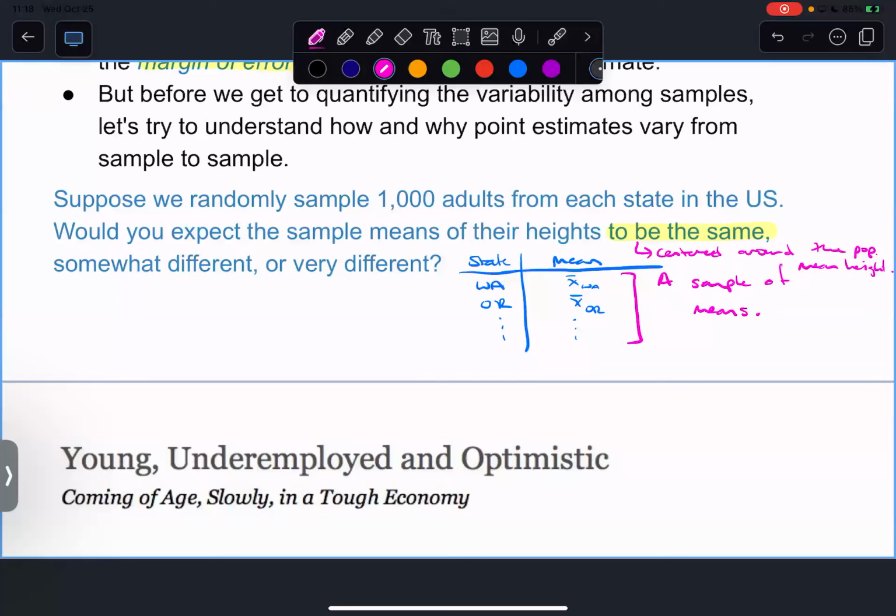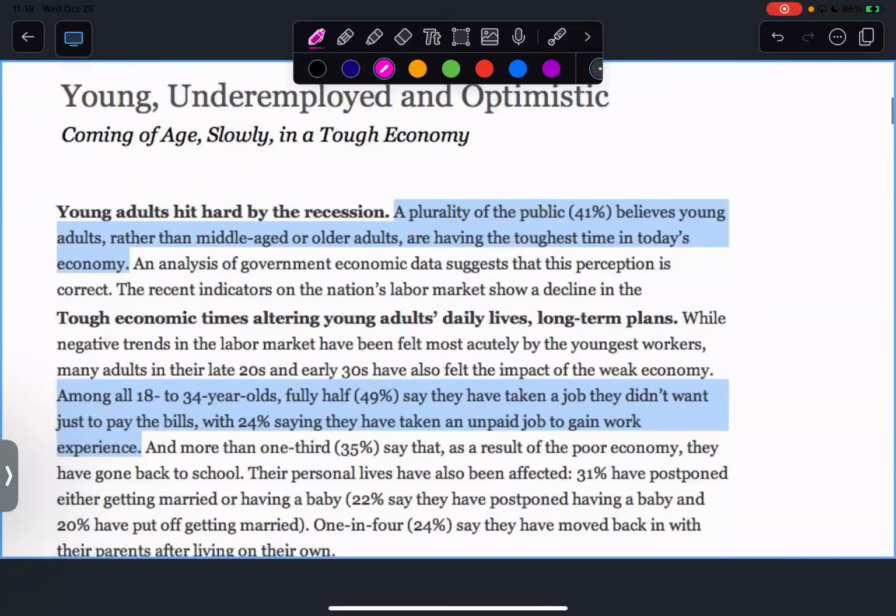Now, there's a kind of big example, but all it's leading to is showing you an article where they include point estimates and the margin of error, and how we deal with that.